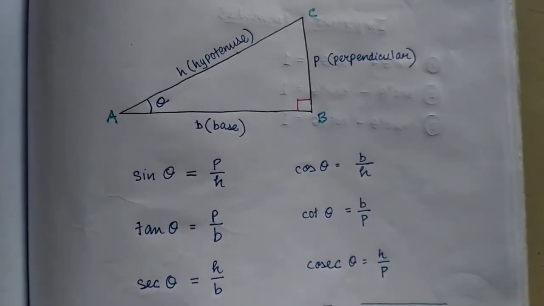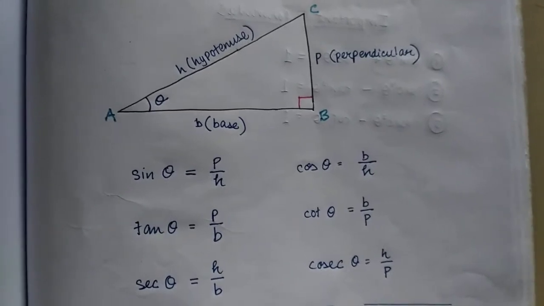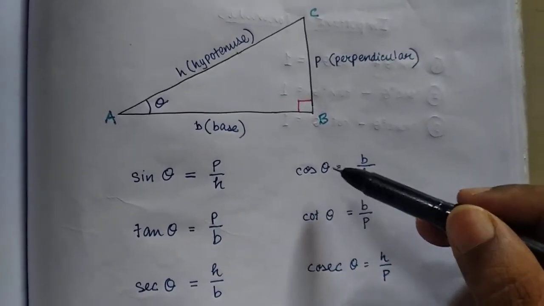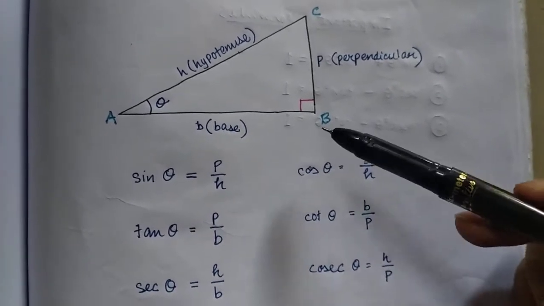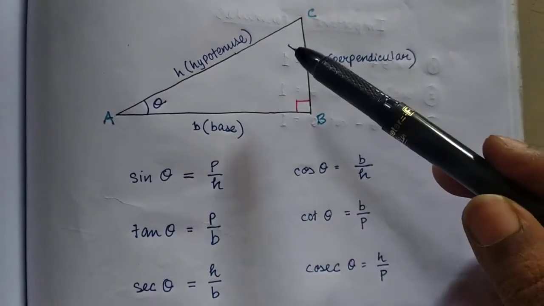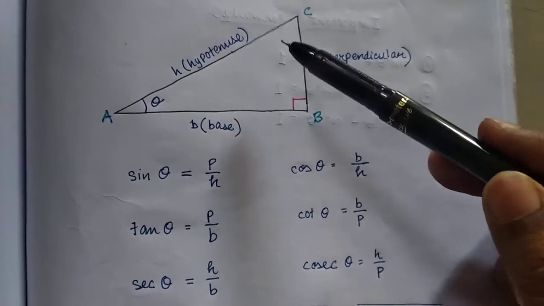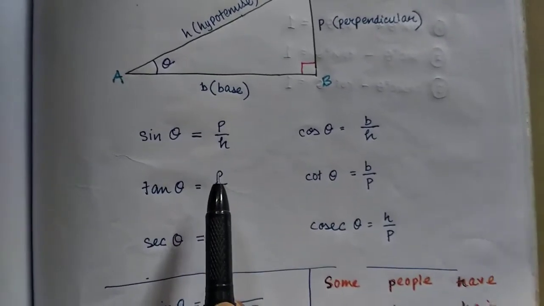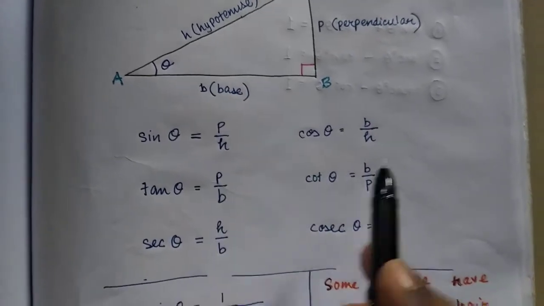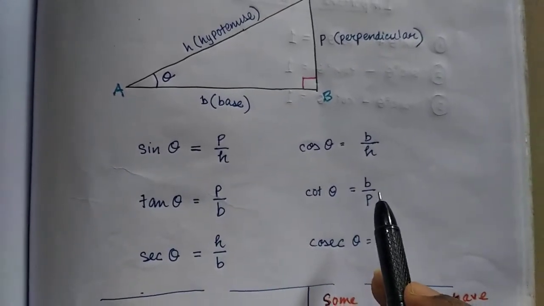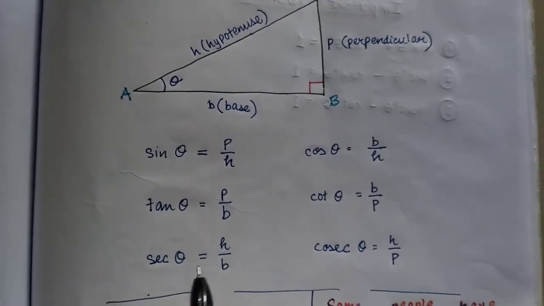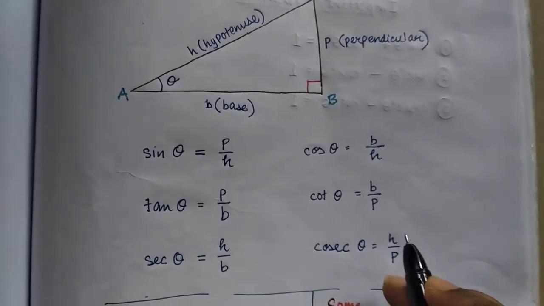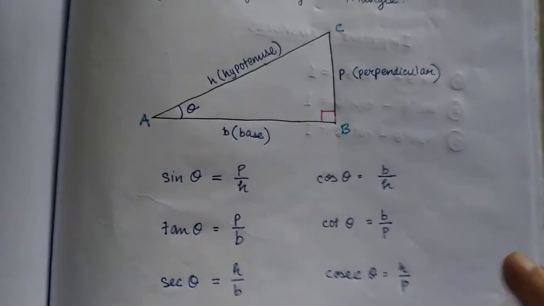And if you are asked to find the cosine, cos of a given angle theta, you have to find the ratio of the length of the base to the length of the hypotenuse. Similarly, tan theta equals perpendicular by base, cot theta equals base by perpendicular, sec theta is equal to hypotenuse by base, and cosec theta is equal to hypotenuse by perpendicular.